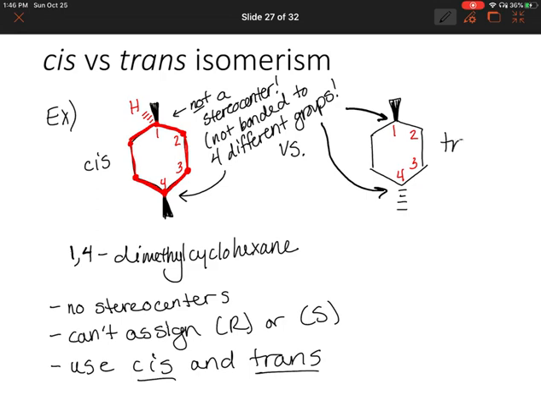So that would be trans. All right, so the name for the molecule on the left is actually cis-1,4-dimethylcyclohexane. And then the molecule on the right, that is named trans-1,4-dimethylcyclohexane.